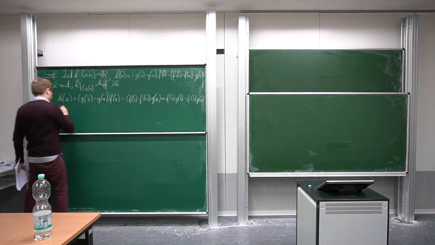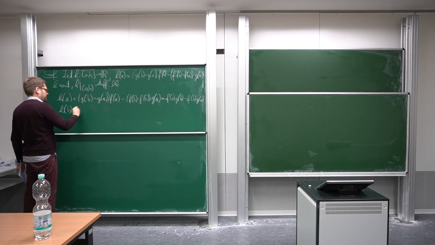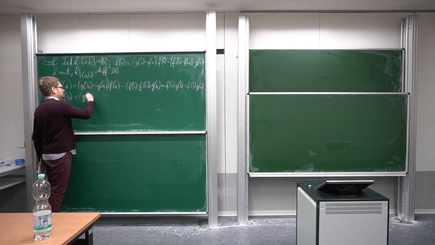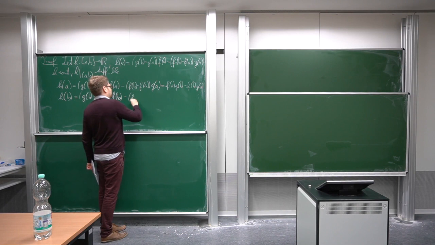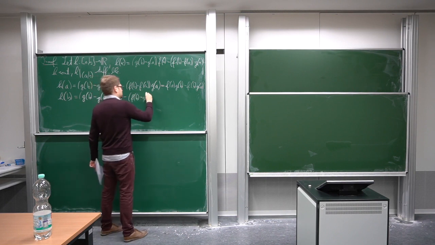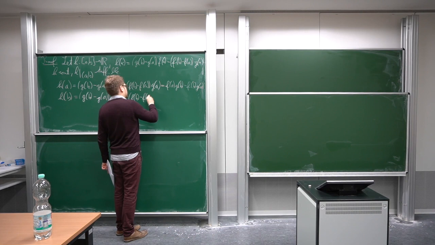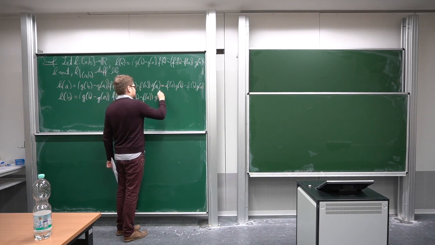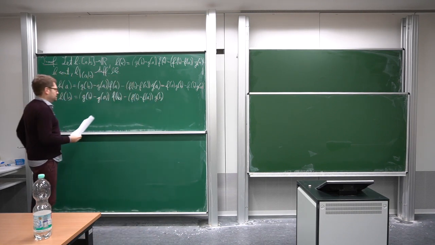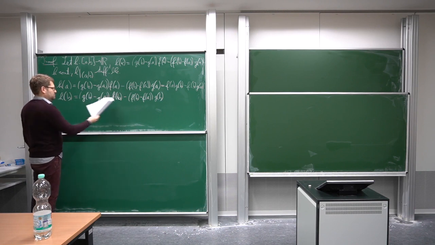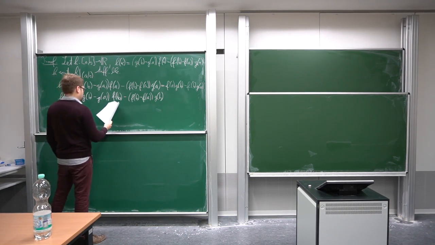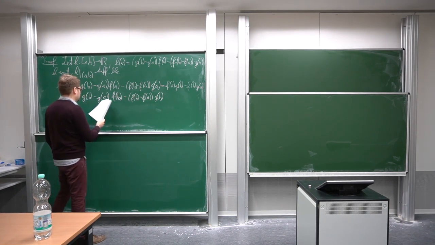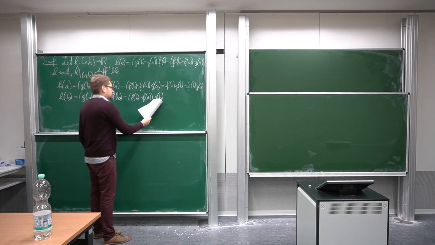Okay, now we evaluate h at the other end. h of b is then (g of b minus g of a) times f of b, minus (f of b minus f of a) times g of b. And this time we see that we have f of b times g of b twice, here with a positive sign and there with a negative sign.